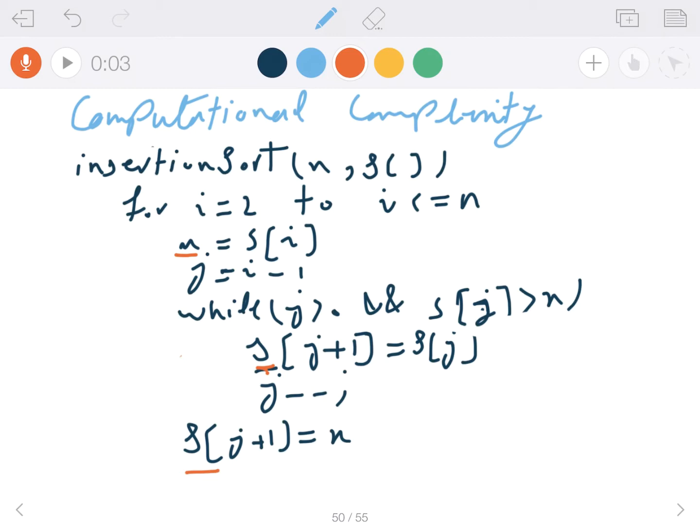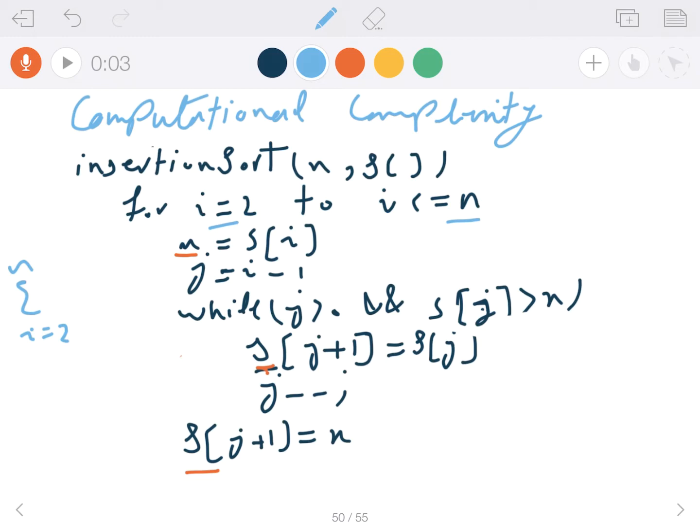So if this is the case, we'll have a sigma, similar to what we had for the number of comparisons. So that's going to be i goes from i equal to 2 to n. Because i starts from 2 and goes to n, and again we are starting with i equal to 2, and the first index of the array is equal to 1, not 0, because the pseudocode is not the actual code here.